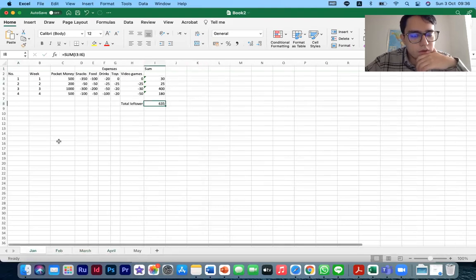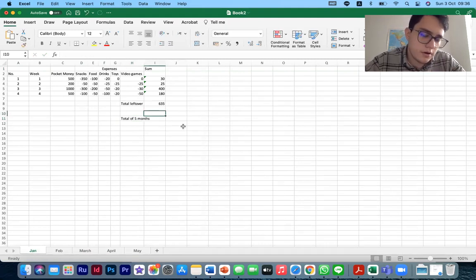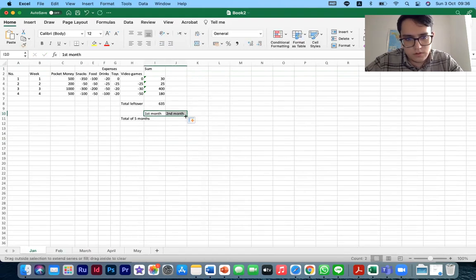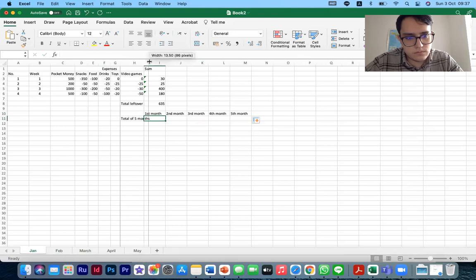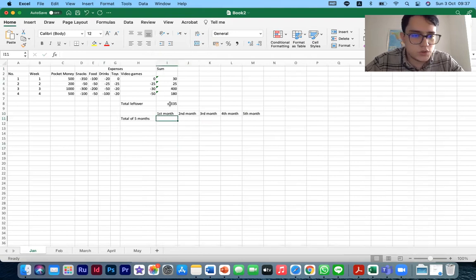And after that, you can also make a total of 5 months, which you can add your first month, and you can tell how much you spend or how much you have left over.